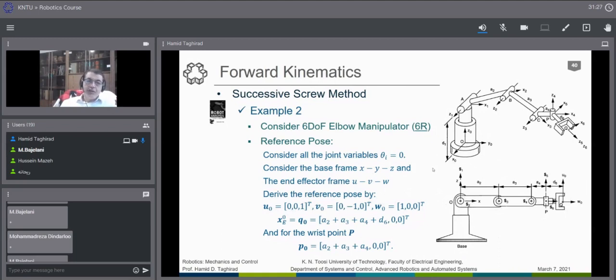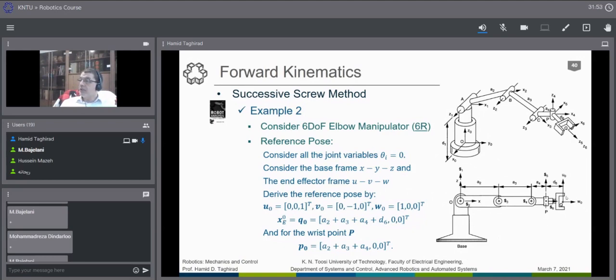You can consider the reference frame anywhere you want. I consider it on this point, just to make it much simpler, to not bring the D parameter, the fixed parameter, into the picture, into the equation. So we have XYZ, the fixed frame here, and the moving frame here.